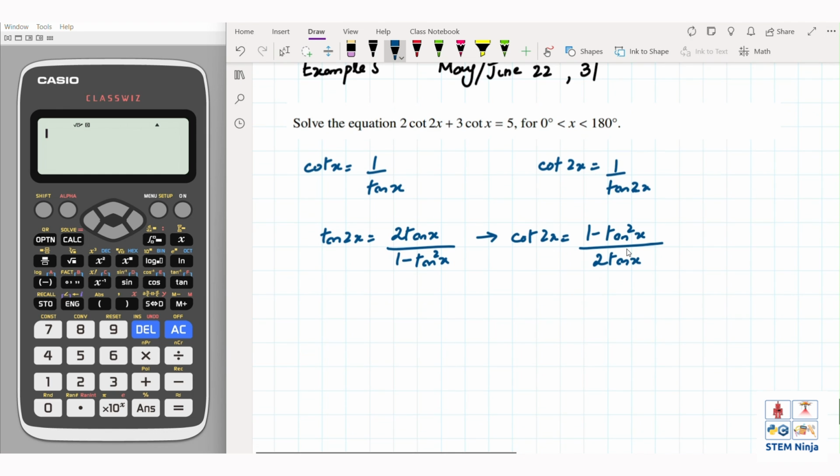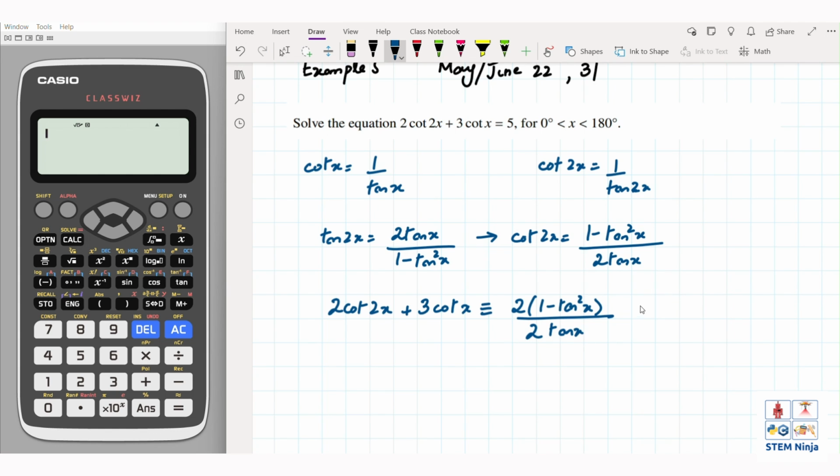So now when we add these terms together, 2 cot 2x plus 3 cot x, we need to find the equivalent expression. 2 cot 2x would be 2 times 1 minus tan squared x over 2 tan x plus 3 times cot x, which is going to be 3 over tan x.